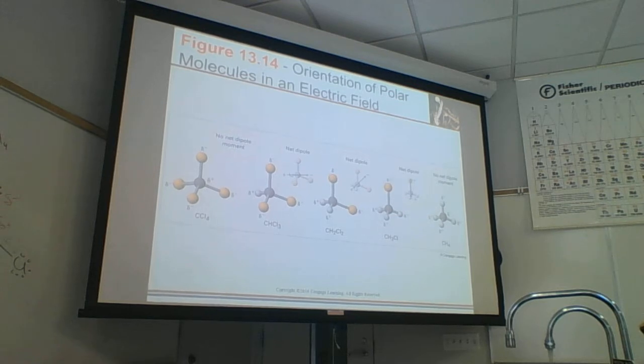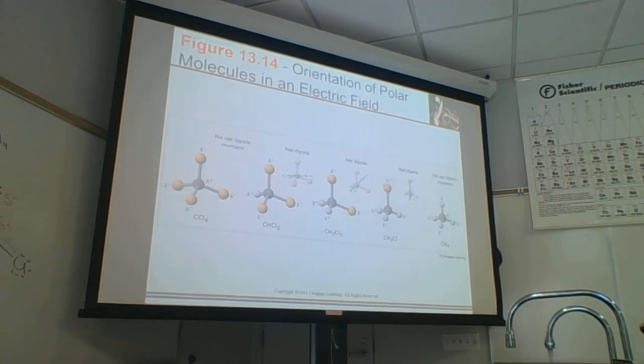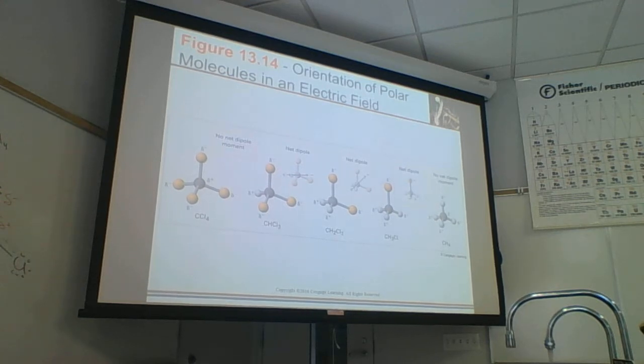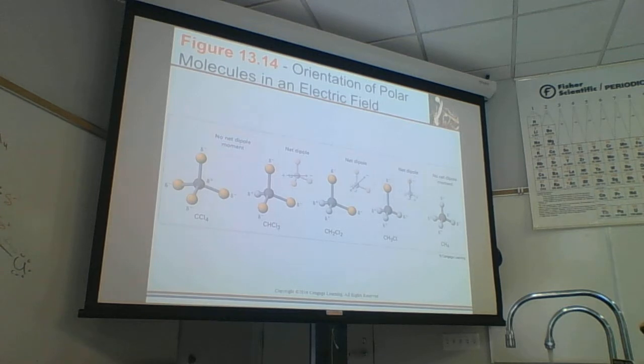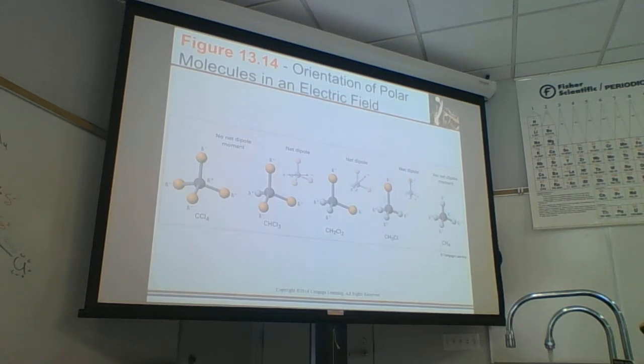We'll throw the chlorine on the top here and the three hydrogens down here. And so the bond dipole is like this. There are no bond dipoles, or negligible ones, in the carbon-hydrogen bonds. And therefore, the molecular dipole is the same as the bond dipole. The same thing.